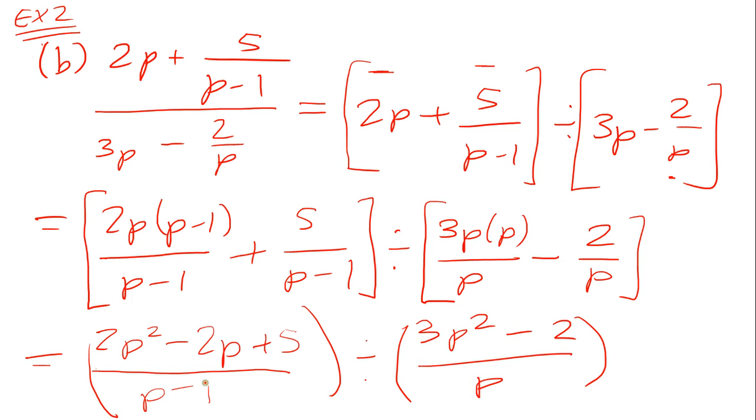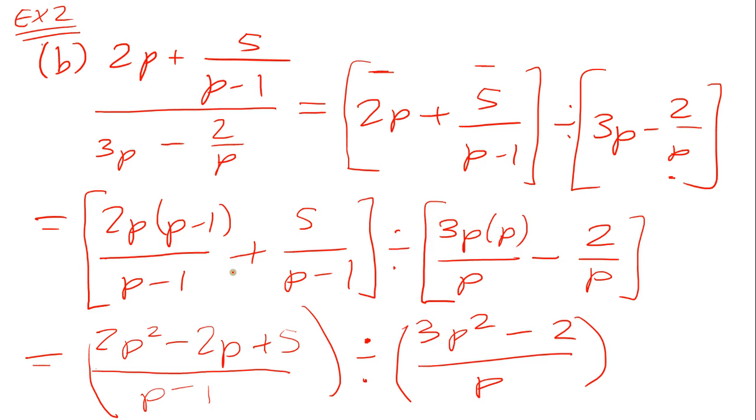Let's double check to make sure all our values are right. That is p squared minus 2p, that's a 5, that's 3p squared, that's minus 2, it's all over p. Looks so far so good.